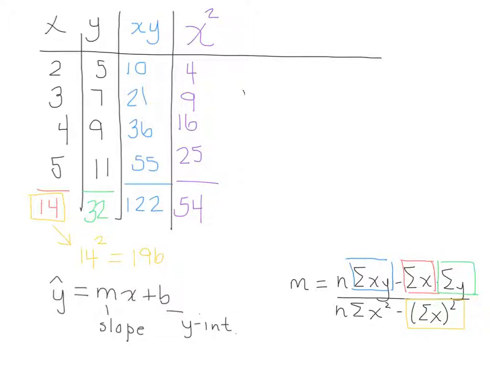All right, so now I'm ready to compute my slope. Looking again at my slope formula, it says first in the numerator, take n, the number of ordered pairs. I have 4 ordered pairs. Multiply n by the sum of the product of my xy's. That's my blue, 122. Subtract from that the sum of my x's. That's my red, 14. Multiply that red by the sum of my y's in green, and that's my 32.